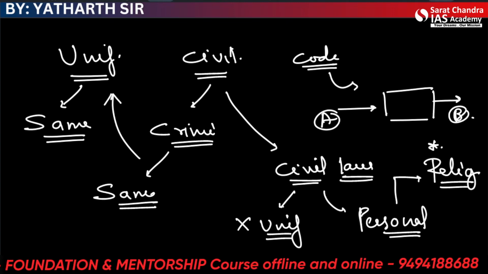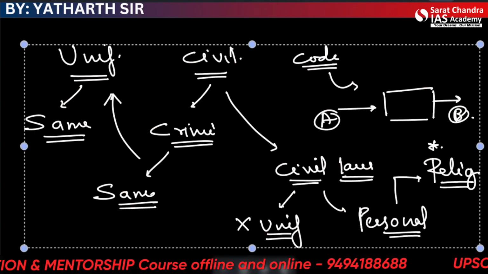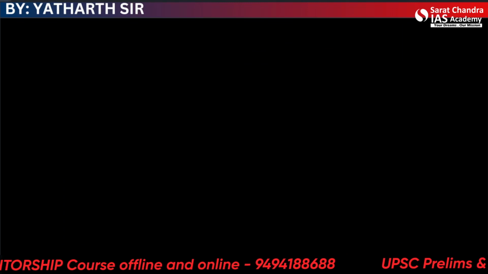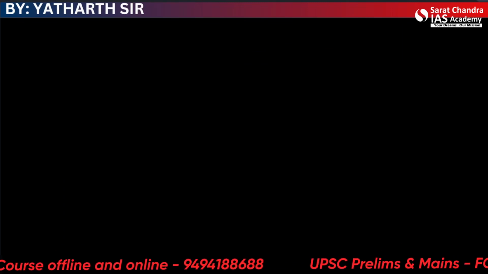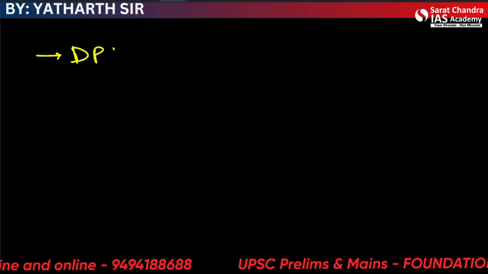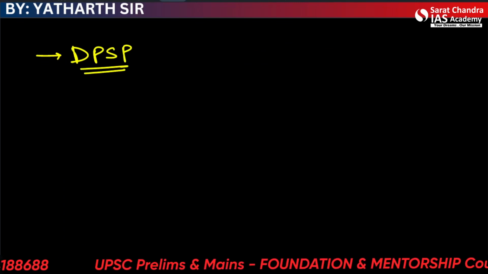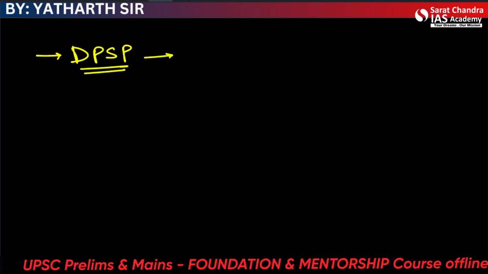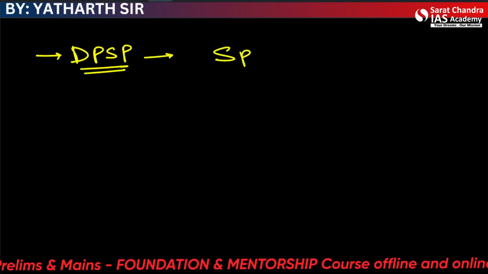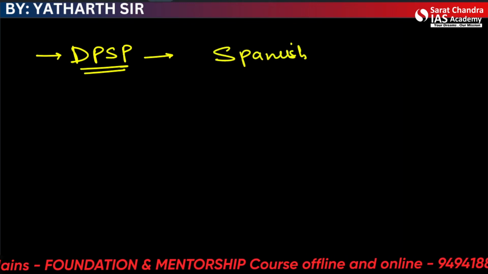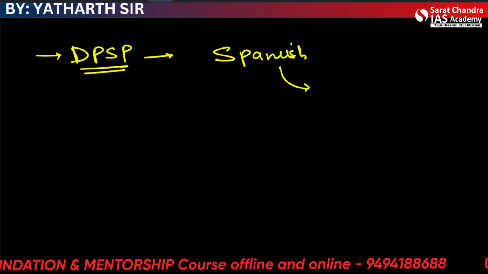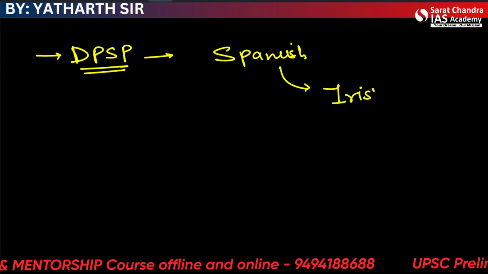All right. Let us also talk about the origin of this matter, that is DPSP, Directive Principles of State Policy. The origin of DPSP is in the Spanish Constitution, from where it went to the Irish Constitution.